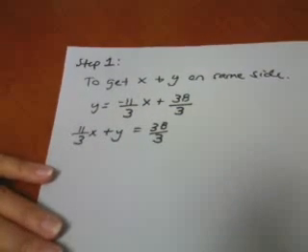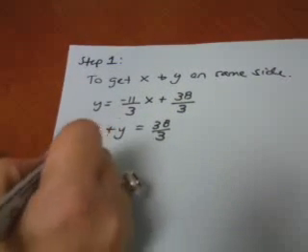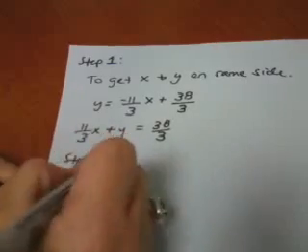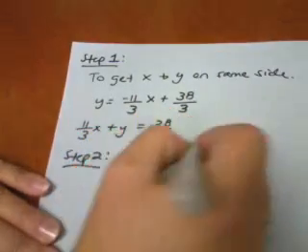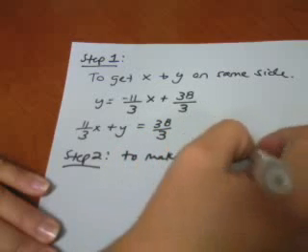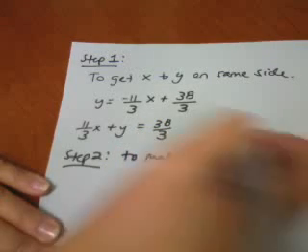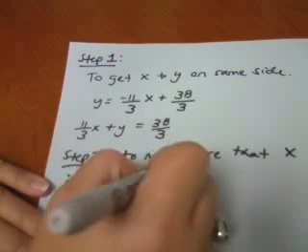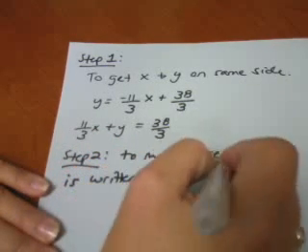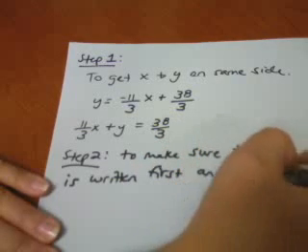That's step 1 of converting to standard form. Now, step 2 is to make sure that your x term is written first and that it is positive.